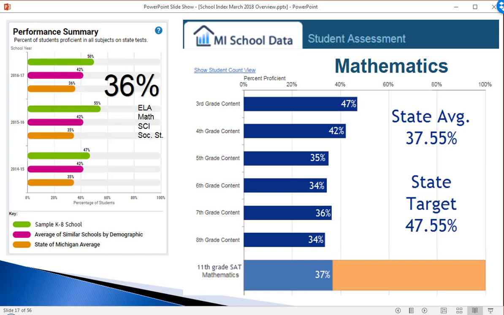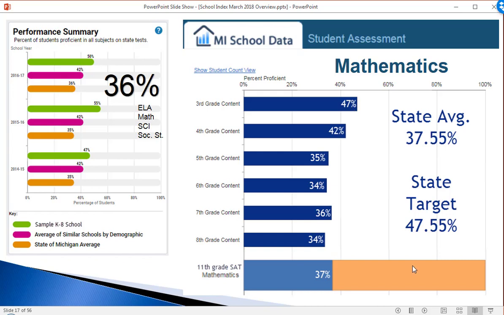So the state target was set at 47.5%. Now what's odd about this is that third grade already met that target just by the state average of third graders within our state. So a building containing third grade is actually at an advantage when it comes to mathematics about scoring higher on the index.